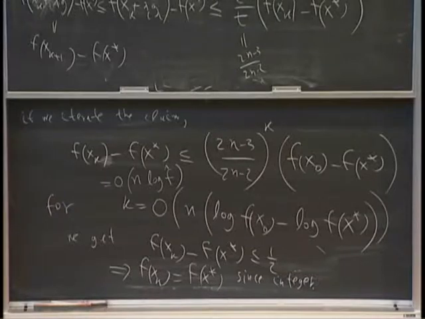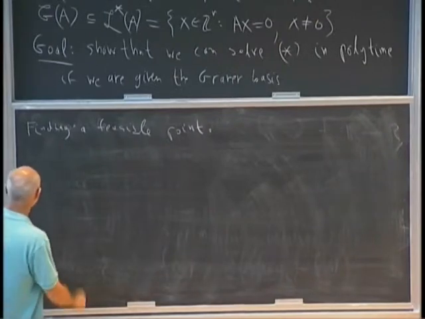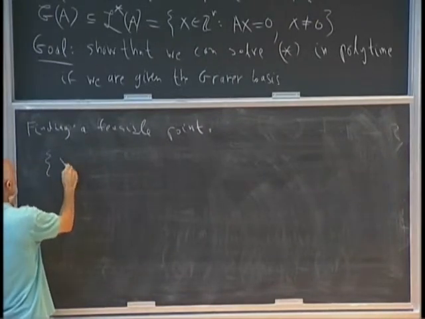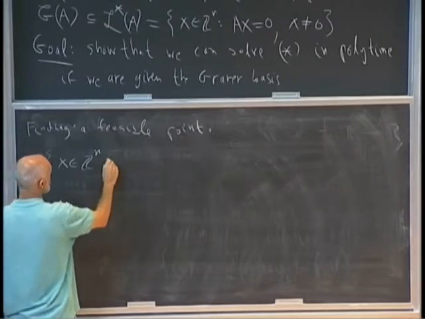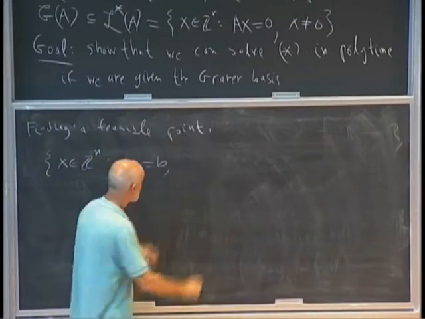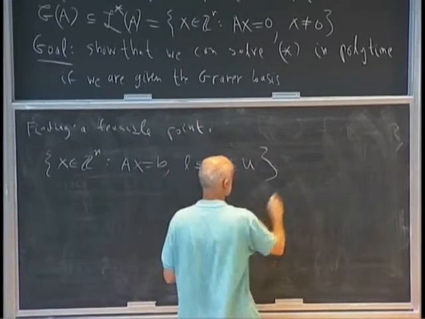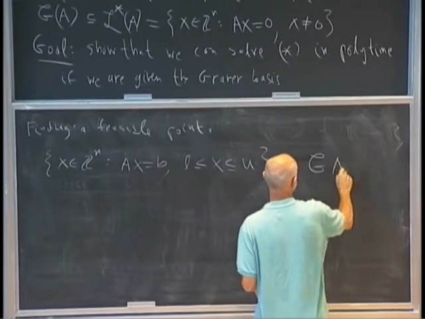Okay, so let me tell you about finding a feasible point. I'm not going to be that formal. I wanted to put this lemma formally once and for all, but now we have the following situation. We have a set of integer points satisfying this system. Now b is given, and we have no feasible point to start with, and we have the Graver basis also.